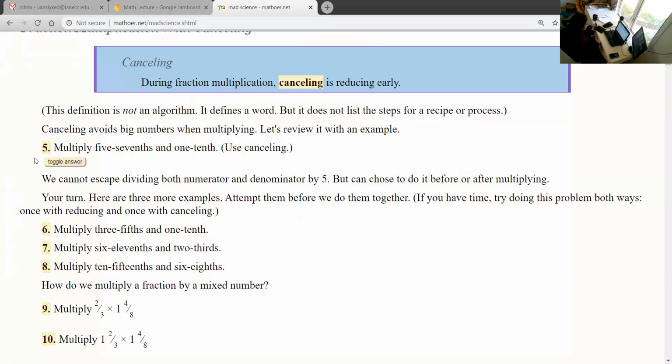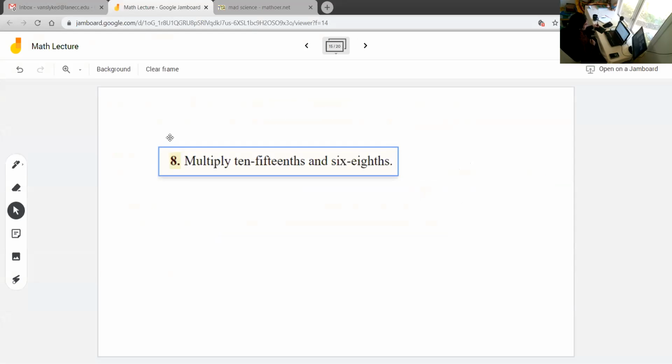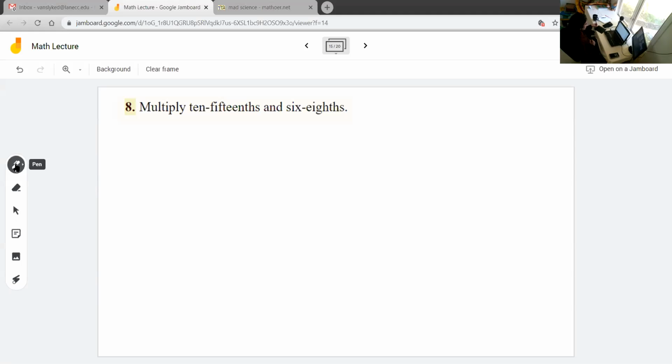Okay, let's do another. Holler if I'm going too fast. This one shows you that nobody in their normal mind has to be perfect. If I multiply this across right away, I could do that and get 60 over 120. 6 times 10 is 60, 15 times 8 is 120.